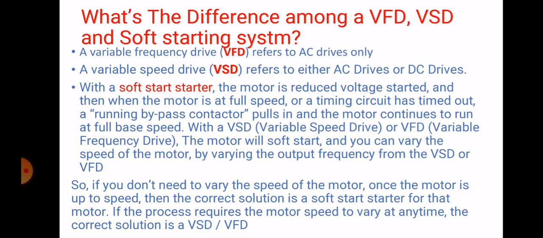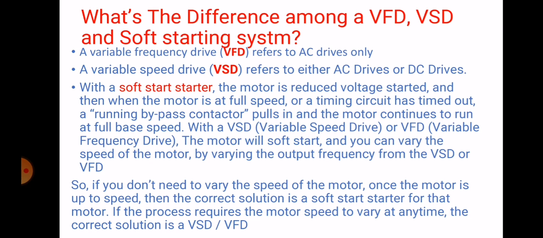So if you don't need to vary the speed of the motor once it is up to full speed, then the correct solution is a soft starter for that motor. If the process requires the motor speed to vary at any time, the correct solution is VSD or VFD.